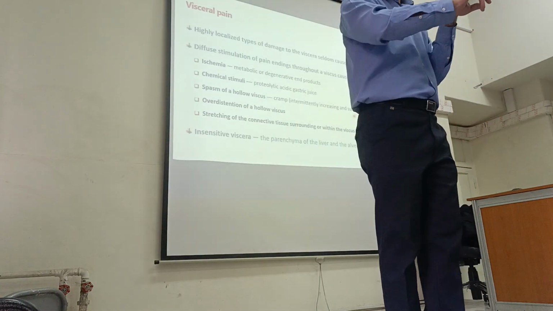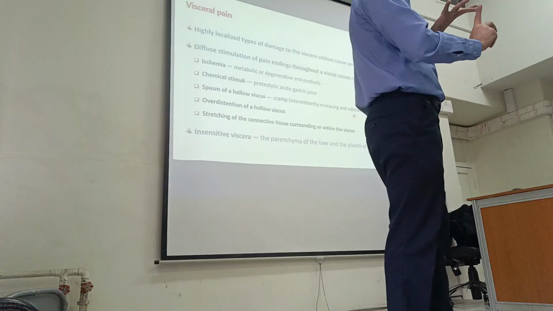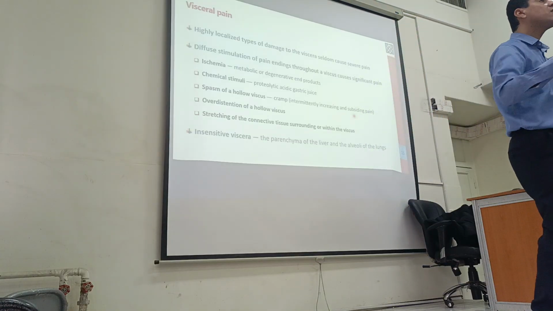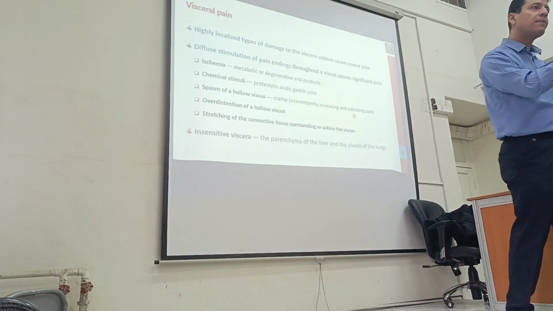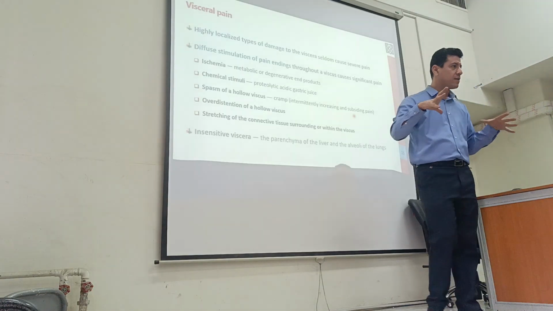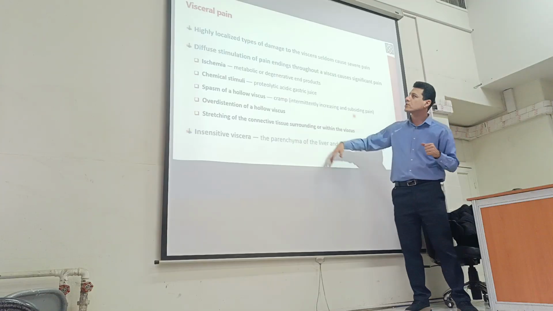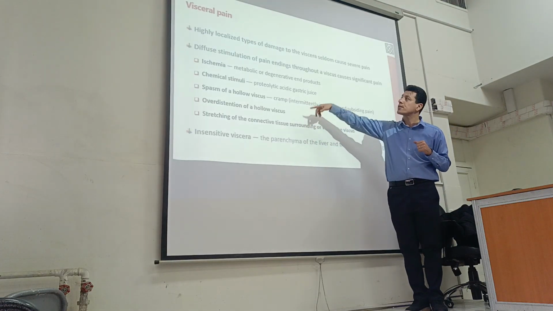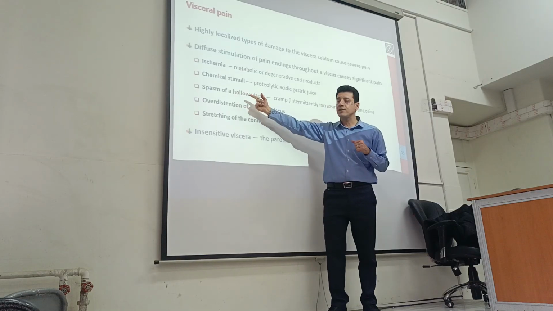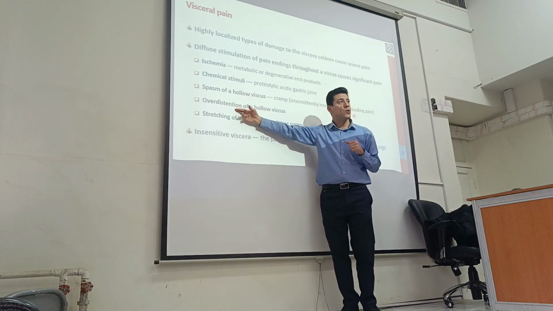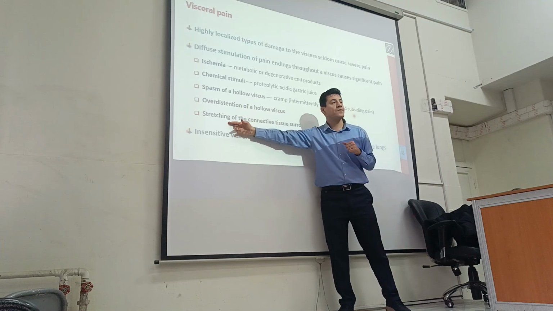Like dura mater, arachnoid. So if we have a stretch of these connective tissues, then the patient feels severe pain because those receptors are activated, right? So type of stimulations that cause visceral pain include ischemia, chemical stimulation, spasm, over distension, and stretching of the connective tissue.